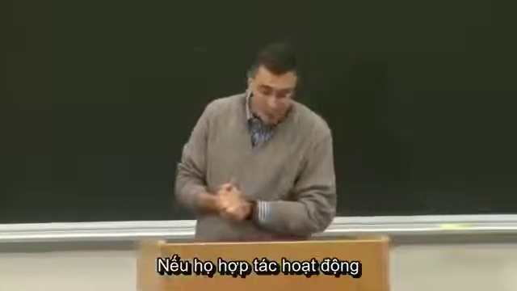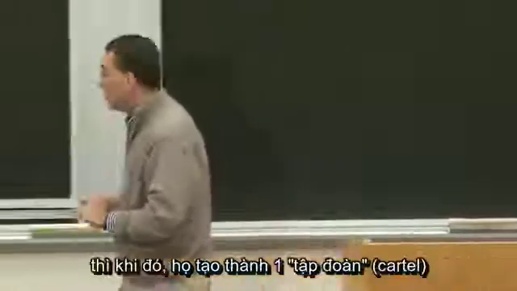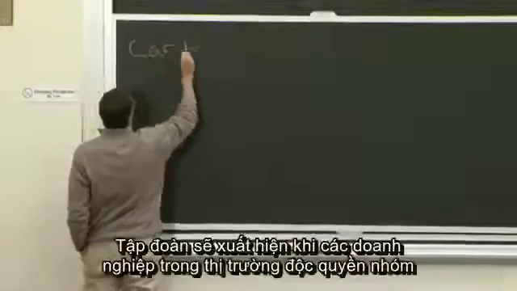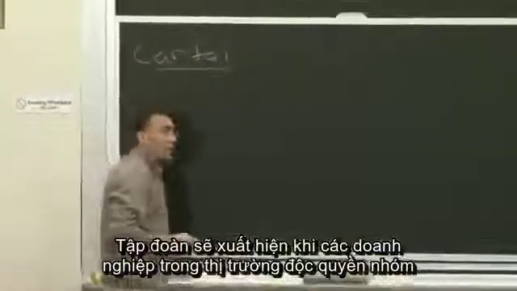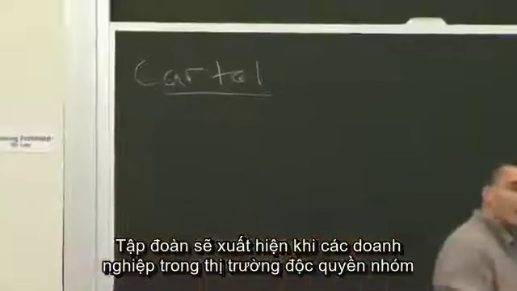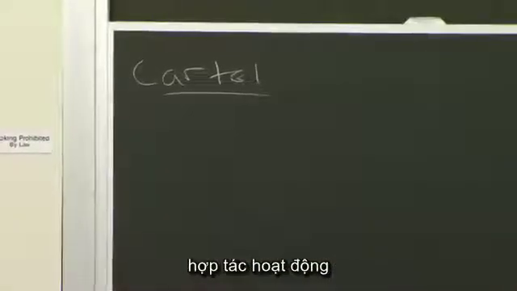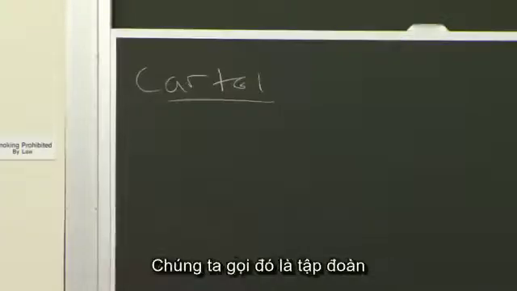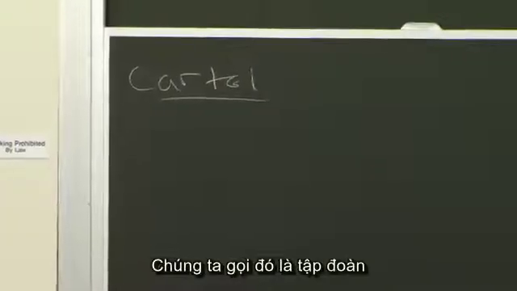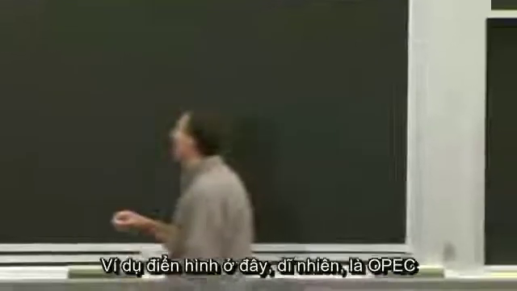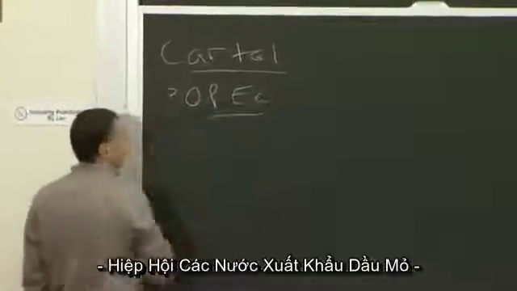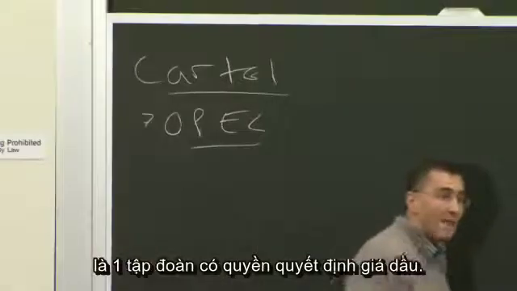If they behave cooperatively, we say that they form a cartel. A cartel is what happens when firms in an oligopolistic market behave cooperatively to determine the outcome. The classic example is OPEC, the Organization of Petroleum Exporting Countries, a cartel that drives the price of oil.